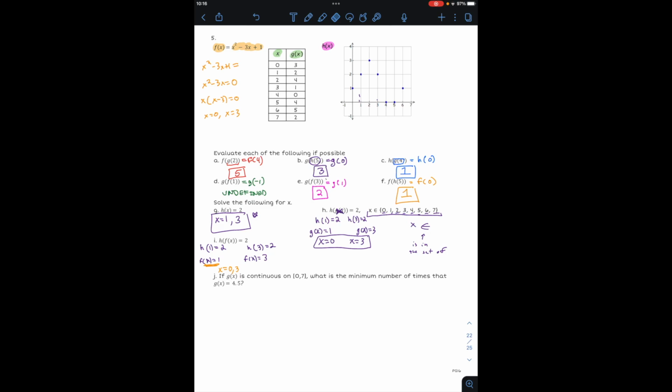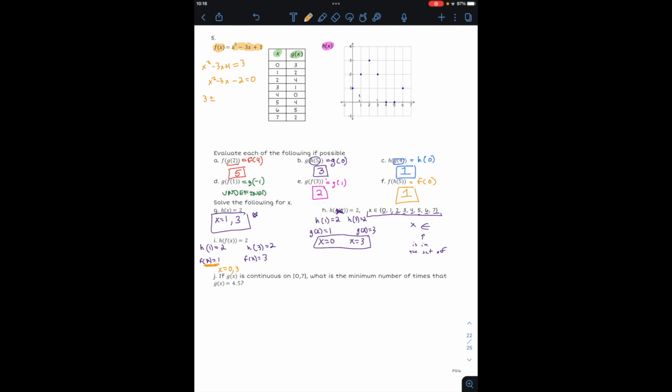Then I can try to solve when this is equal to 3. So I'll get x squared minus 3x minus 2 equals 0. This one doesn't look so useful. We're not going to be able to factor in such a nice way. Doesn't factor. You're going to be doing the quadratic formula or completing the square. I recommend quadratic formula calculator, but whatever.